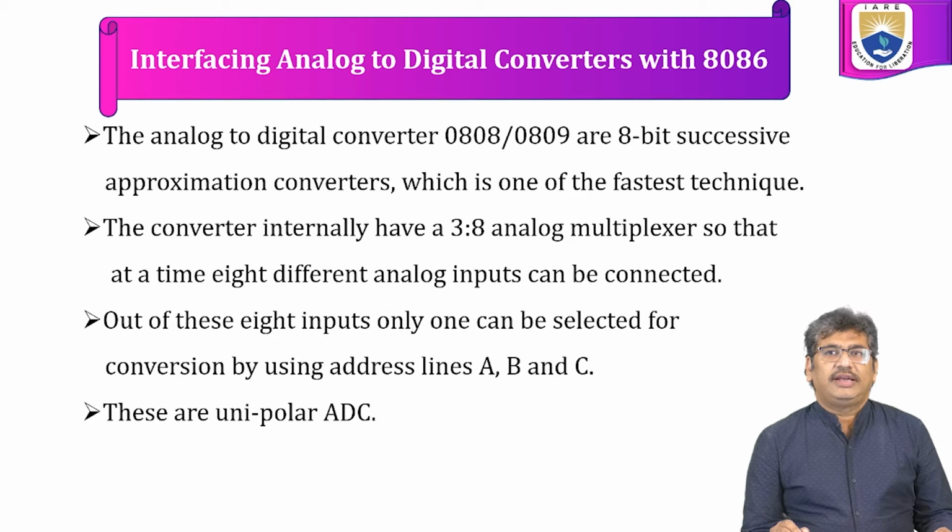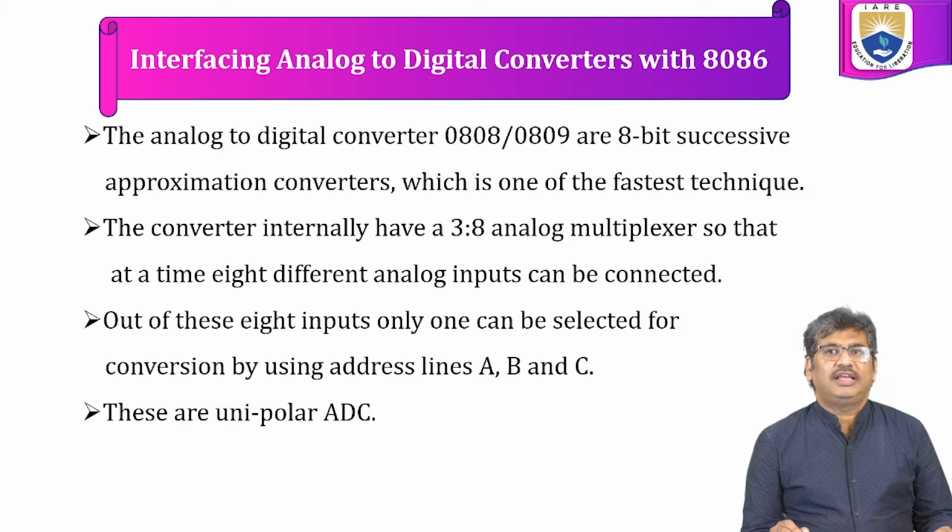The converter internally consists of a 3 to 8 multiplexer. For this, we can give 8 inputs, through which we select one of the inputs, so that 8 different analog inputs can be connected at a time.